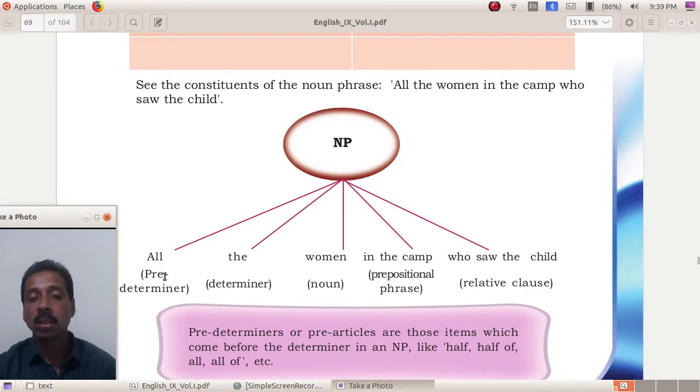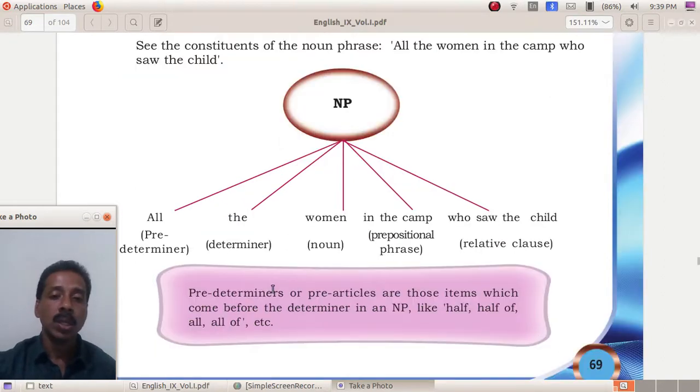So all is a predeterminer, the is a determiner because it's an article, women is the noun here, in the camp, in is a preposition, the camp is a noun, so preposition plus a noun, a prepositional phrase. Who saw the child? It's a relative clause. So in the case of this noun phrase, predeterminer plus determiner plus noun plus prepositional phrase plus relative clause are used.